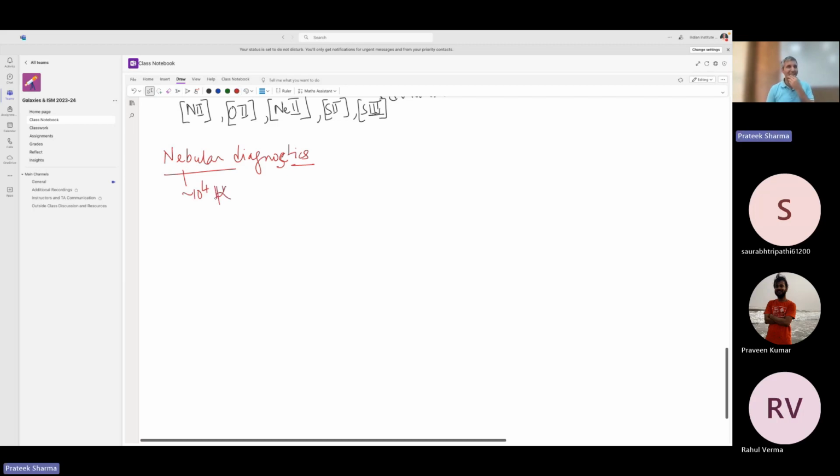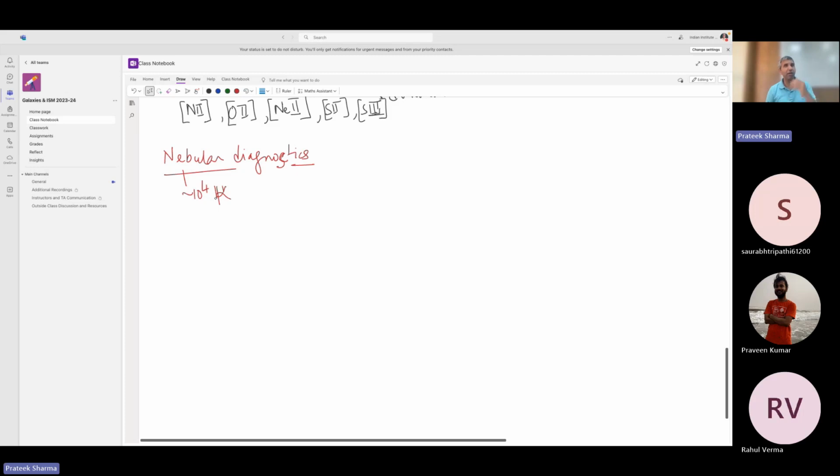So what are some of, say, for example, these metal lines? Can some of those be used to tell us about the metallicity of the H2 region, or the density or temperature of the H2 regions? And the answer is yes.